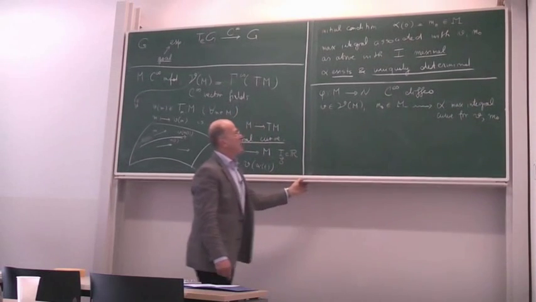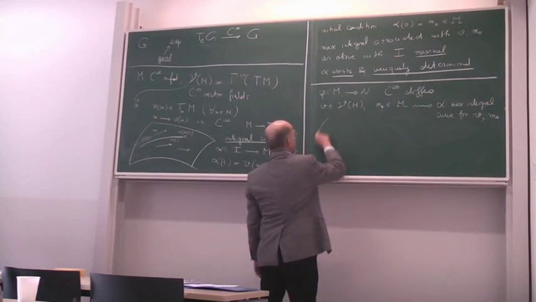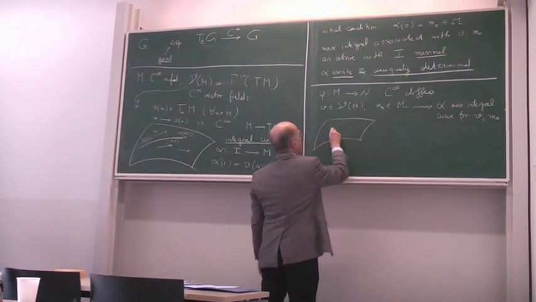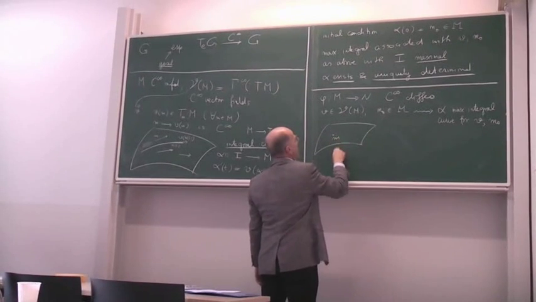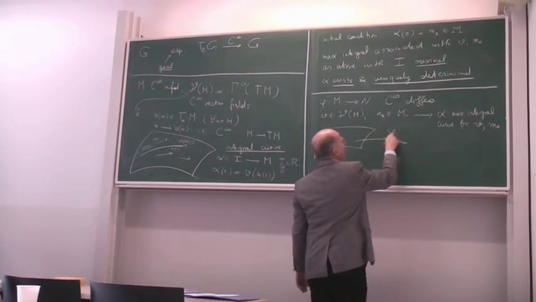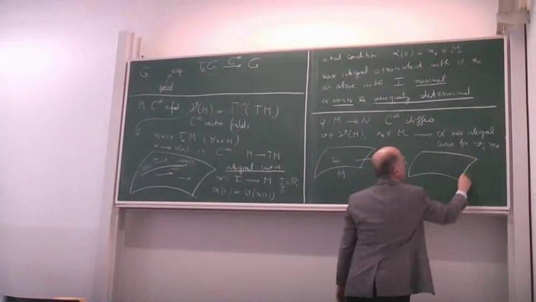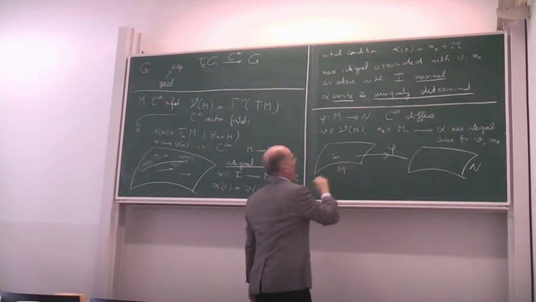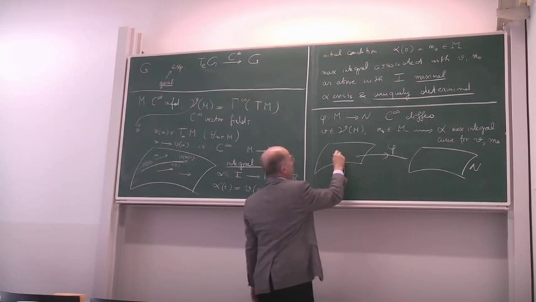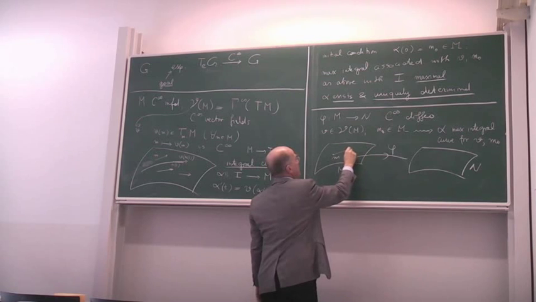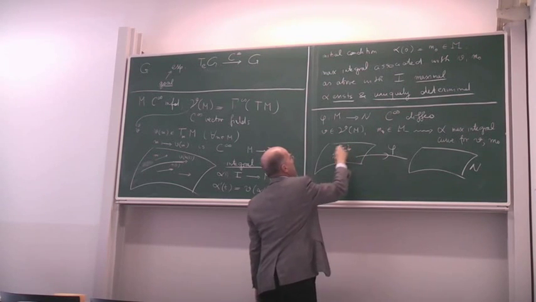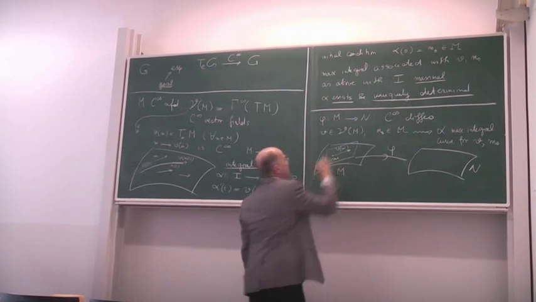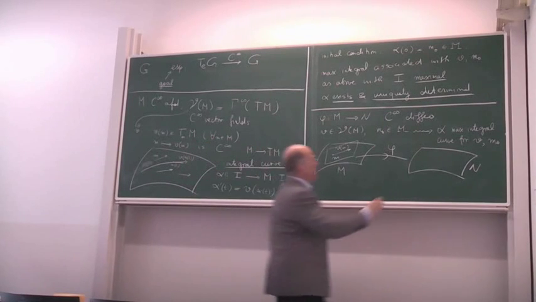So let's see how the operation works for vector fields. So we have the map phi from M to N, and we have a vector v of m, which is contained in the tangent space at m.